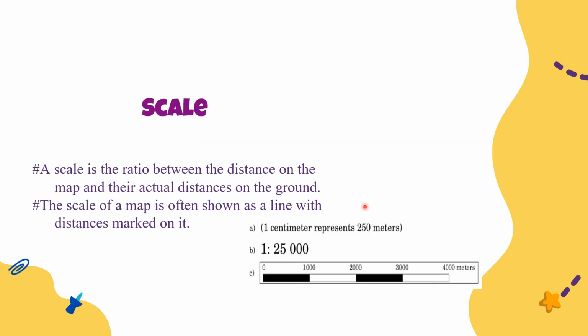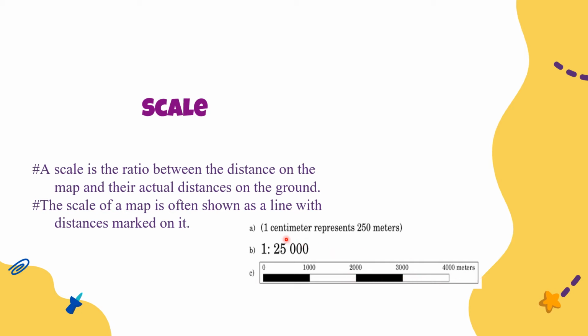Next one is scale. This is very important to understand the distance on the ground. So what is a scale? In every map, you can find a scale which is represented like this. Here you can find 0, 1000, 2000, 3000, 4000 meters.